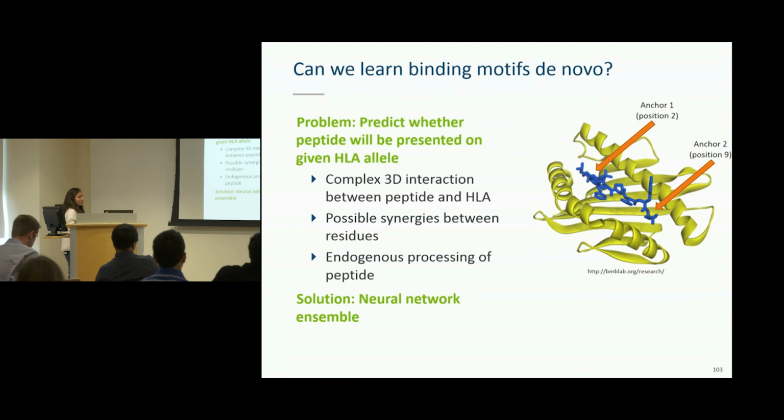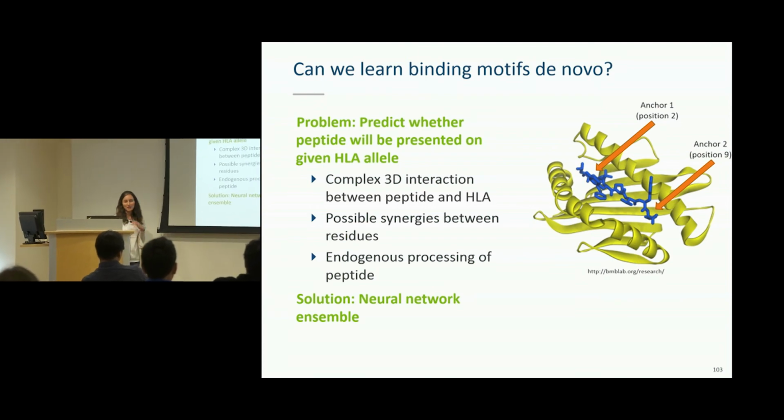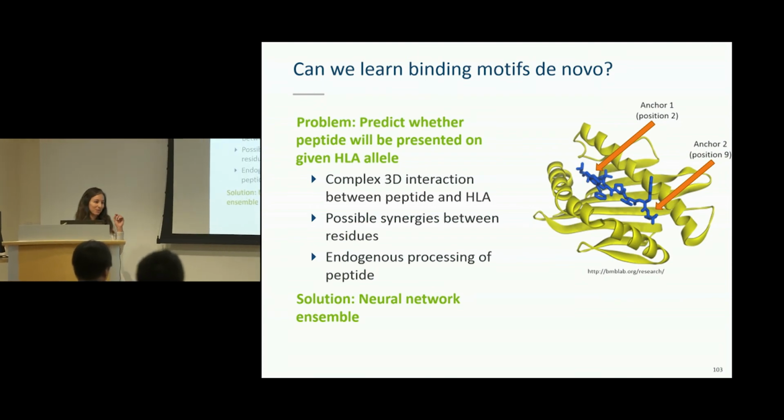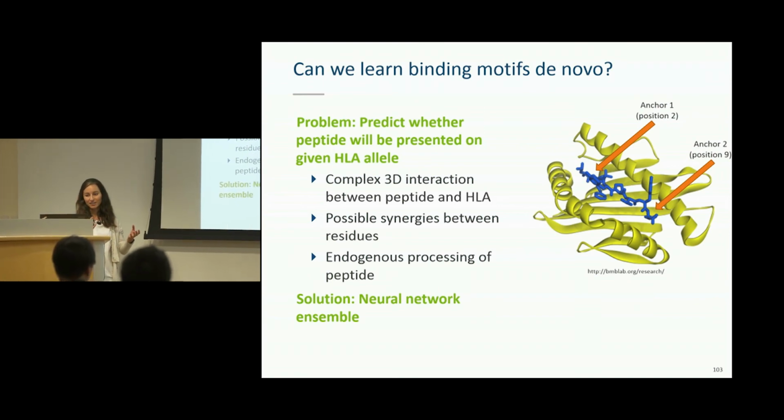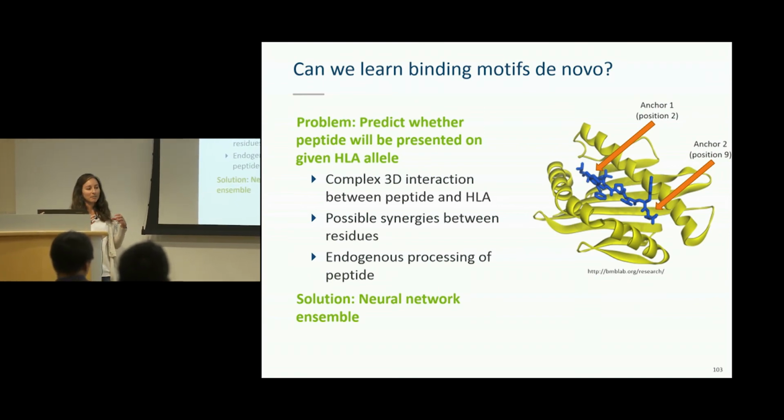Okay, so just a recap of what our problem statement is. We want to predict, given a peptide and a specific HLA allele, is it likely that the peptide is going to be endogenously presented on that allele? Some things to note is that this is a complex 3D interaction. We've seen this picture of the peptide binding groove and how the two anchor positions kind of duck in.